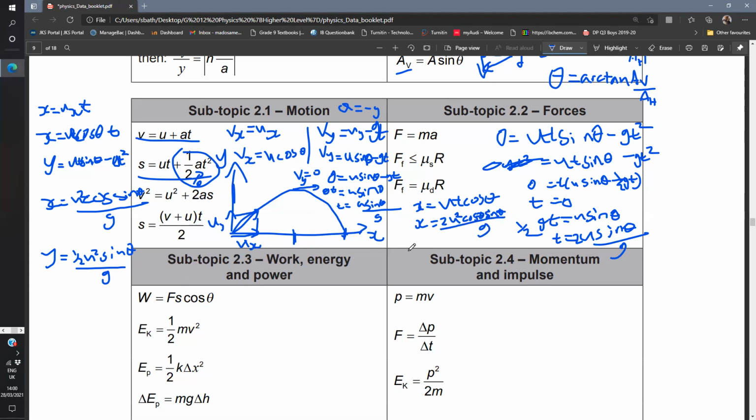And then using our knowledge from trigonometry, 2 cosine theta sine theta is equal to sine 2 theta. So you can just write that instead. Instead of writing 2, just u squared sine 2 theta over g.